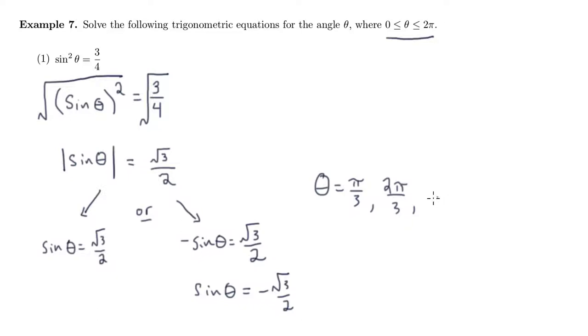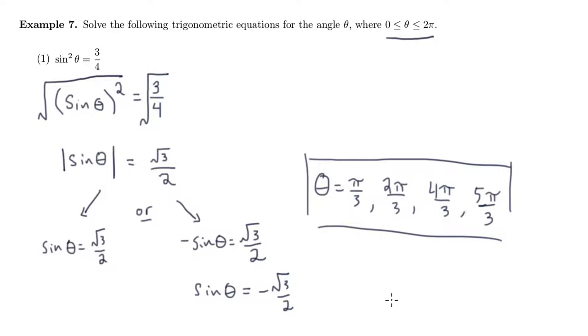On the lower half of the unit circle, I have 4 pi over 3, which gives me a y value of negative root 3 over 2. And finally, 5 pi over 3 also gives me negative root 3 over 2. So we actually have 4 solutions to this equation. Notice that all of these solutions come from going around the circle one time. In other words, these angles are between 0 and 2 pi.